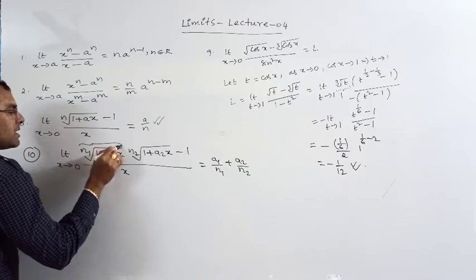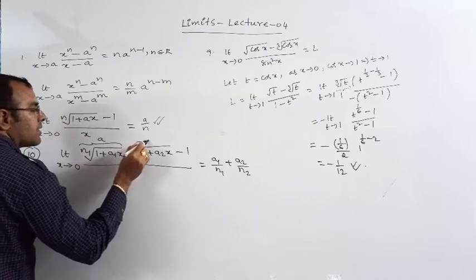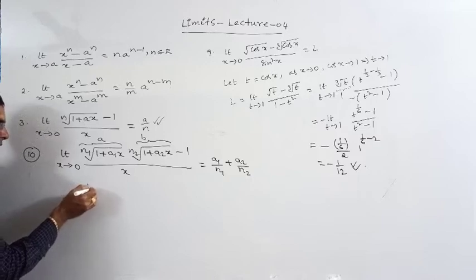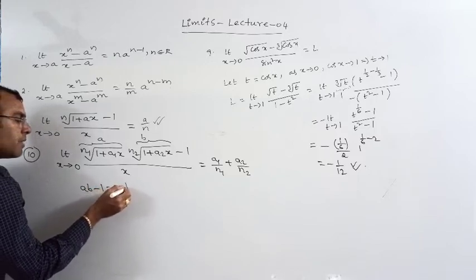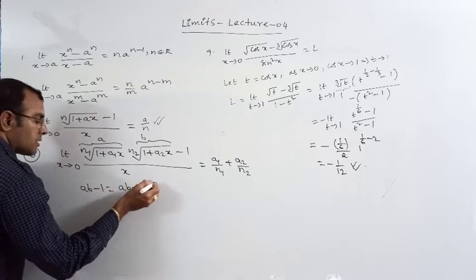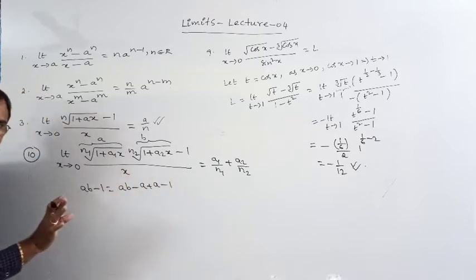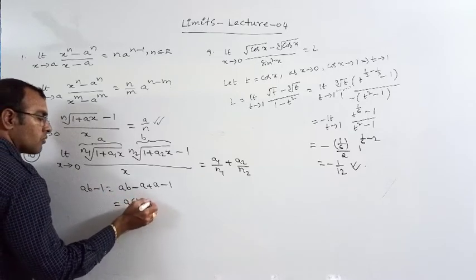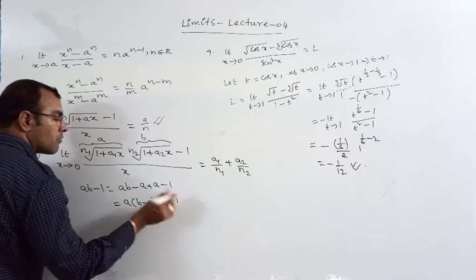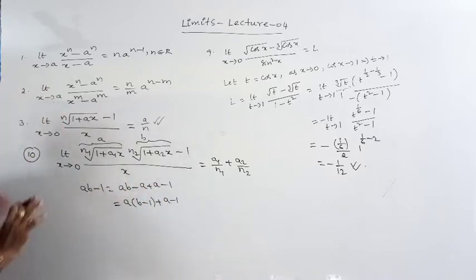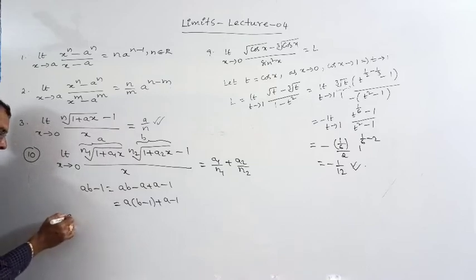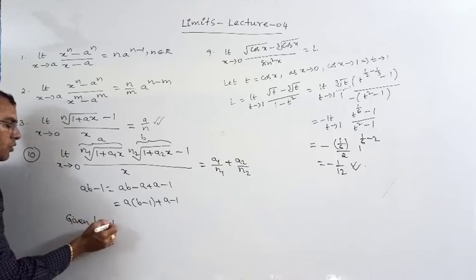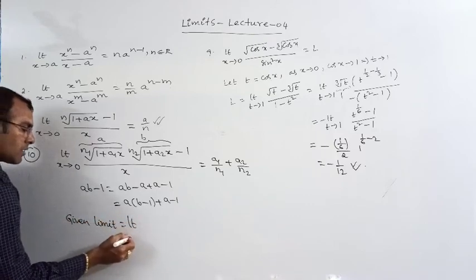Assume this term is A and this term is B. Right? So now you see, AB minus 1, I can write as AB minus A plus A minus 1. Right? Okay. Here A common, A into B minus 1 plus A minus 1. Right. So the given LHS equals limit x tends to 0.